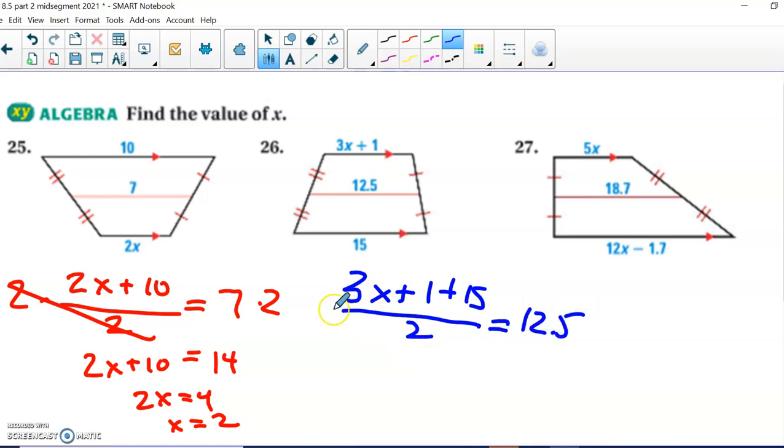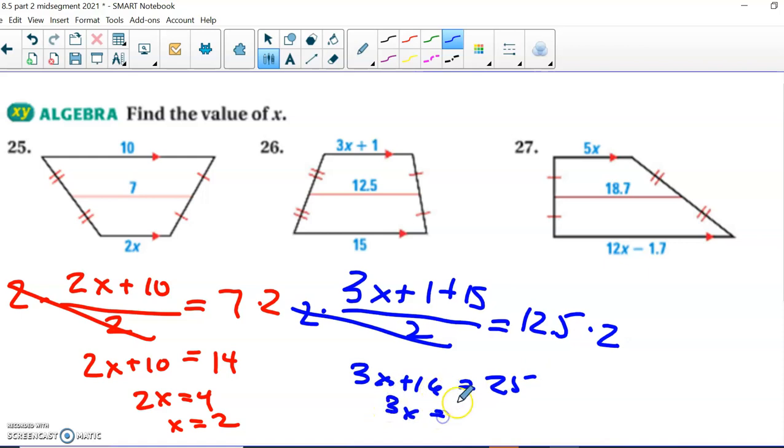Again, the first thing I'm going to do is get rid of that divide by 2 by multiplying both sides by 2. I'm going to combine my like terms while we're here. Make that 16, and get 25 over here. Subtract 16 from each side. That's going to give us 9. So in this case, x is going to be 3.